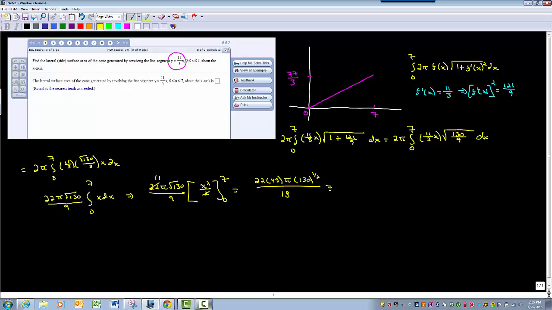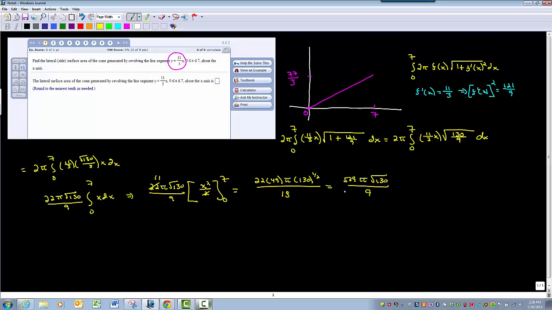So what do I have left? I've got 11 times 49, which is 539, times pi times the square root of 130, all over 9. And of course, this isn't going to factor.